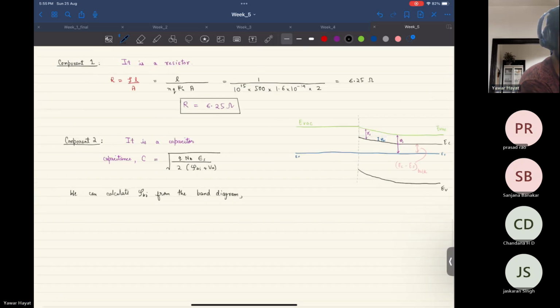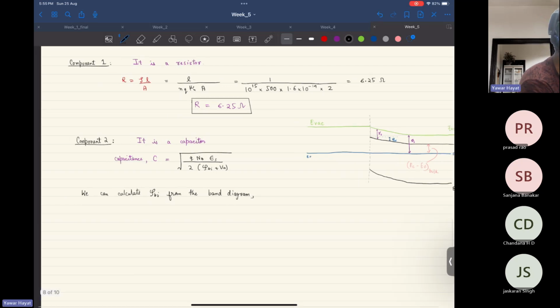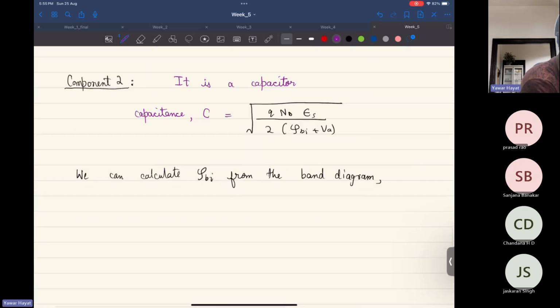So phi BI is equal to phi B minus EC minus EF bulk.